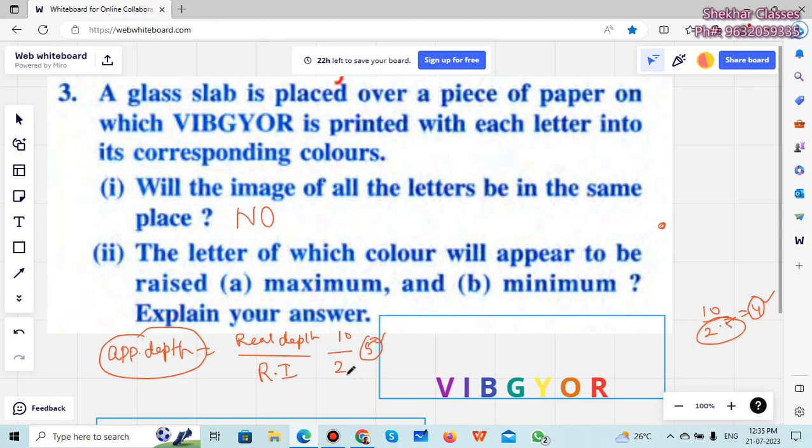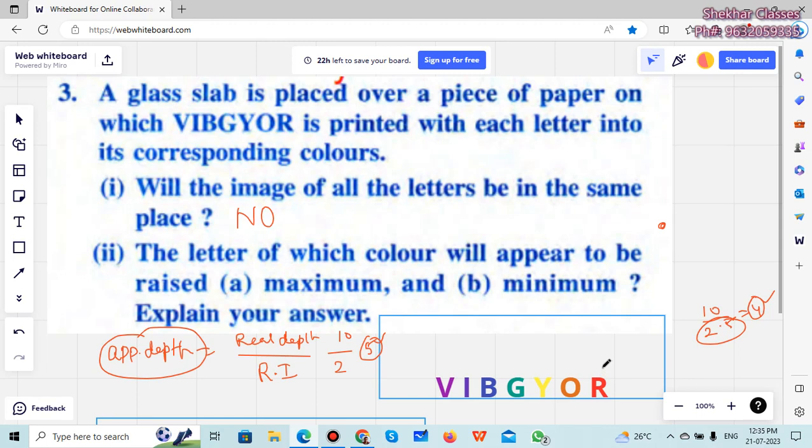Because the refractive index is more, the apparent depth will be less. Red has the biggest wavelength and highest velocity of all these colors, so it will bend the least.